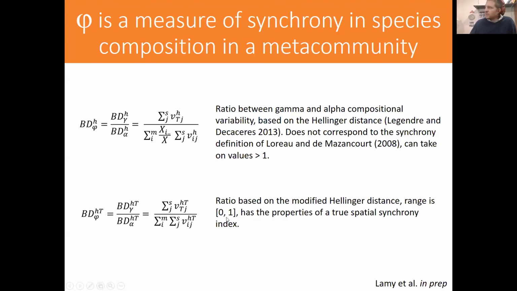And then we get a metric that behaves more like a synchrony index. So the advantage to this metric is that it's a truer synchrony metric. However, the advantage to the other metric is that you can use it with relative abundance data, whereas for this metric down here, you actually need biomasses or abundances, which aren't always available in data sets in the LTER repository or other places.